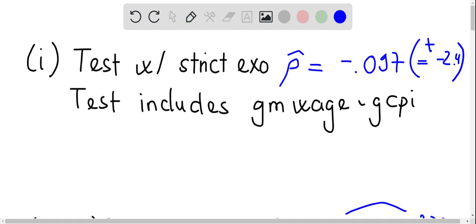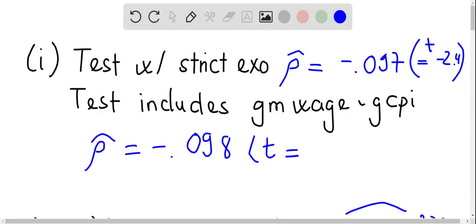The regression that includes growth of minimum wage and growth of CPI gives rho hat equal to minus 0.098 and a t-statistic of minus 2.42. Roughly the same t-values and rho hat value.